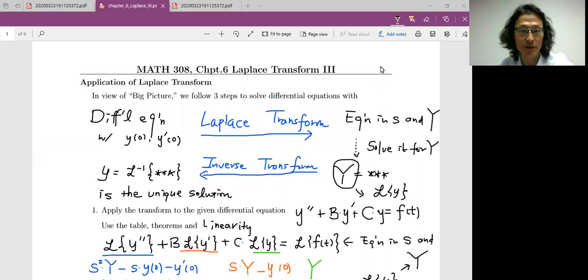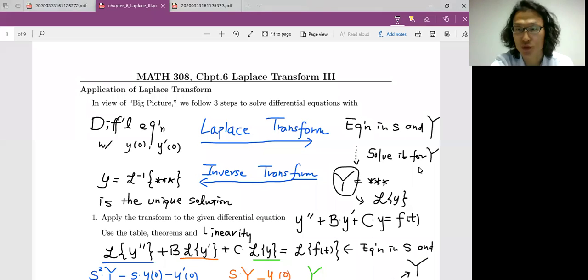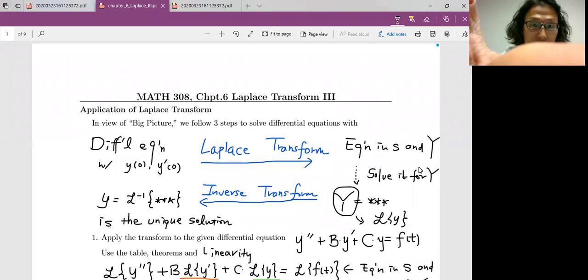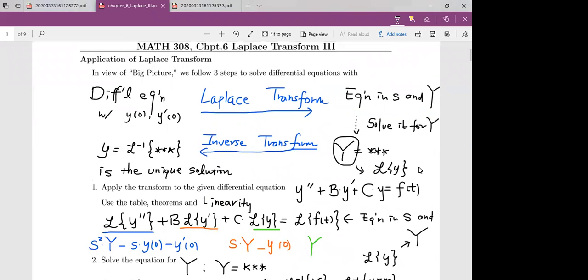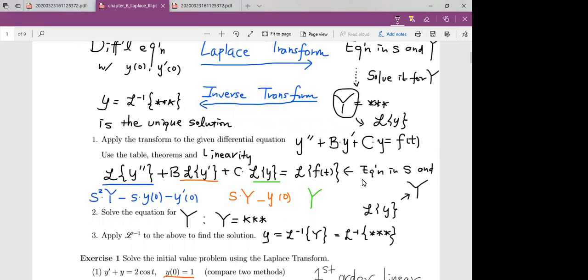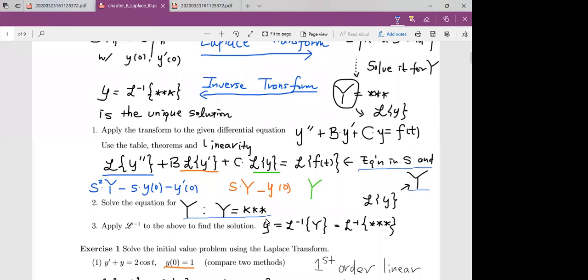So here is the idea of how to apply the Laplace transform to find a solution. The first step is to apply the Laplace transform to the given differential equation, and then we will get an equation in letter S and capital letter Y. The second step is to solve the equation for capital Y. And the last step is to take the inverse transform of this equation to get small y equals whatever.